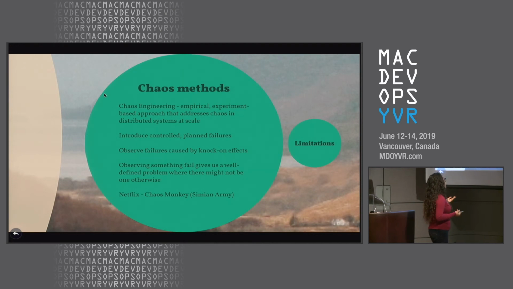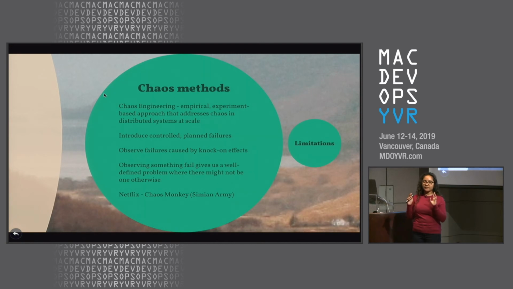And another thing is that observing something that fails gives us a well-defined problem, because a lot of the times what happens is we as security engineers have a vague clue about something that's not working quite right, but you can't go to software engineers or anybody who is building these things in your team and say, oh, this is not working quite right.